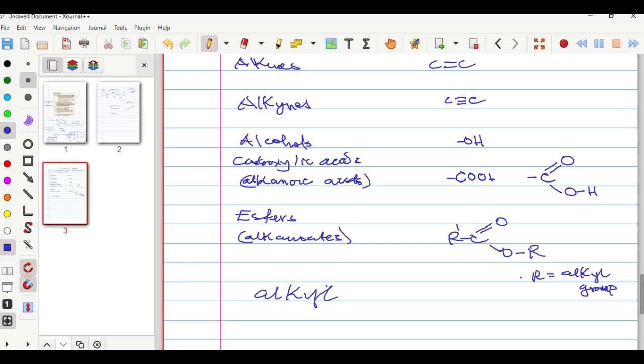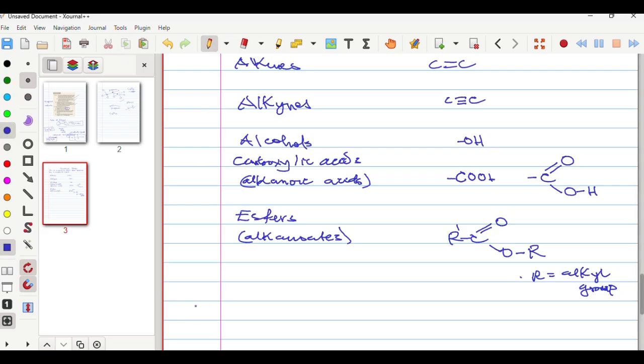So I was talking about the alkyl group, but did you see what I wrote previously on esters? So we'll build from that. R equals alkyl group. What is an alkyl group? It's easy.